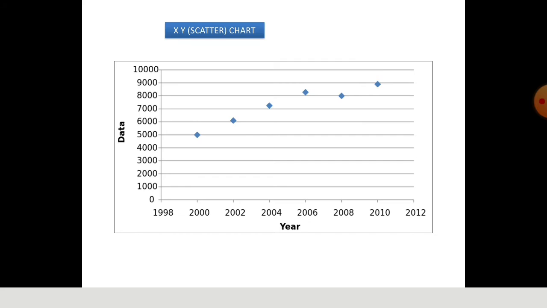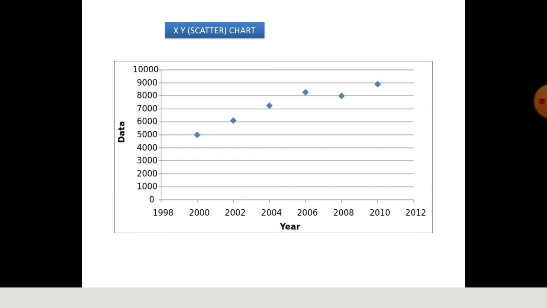These charts are useful when there are many points to plot, but the trend among them is not very important. Suppose we have so much data to plot over the chart.